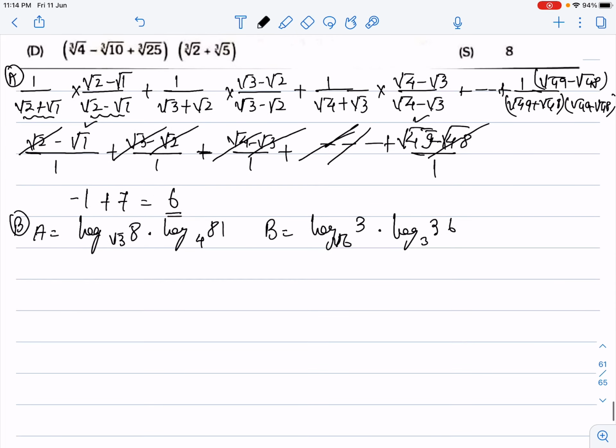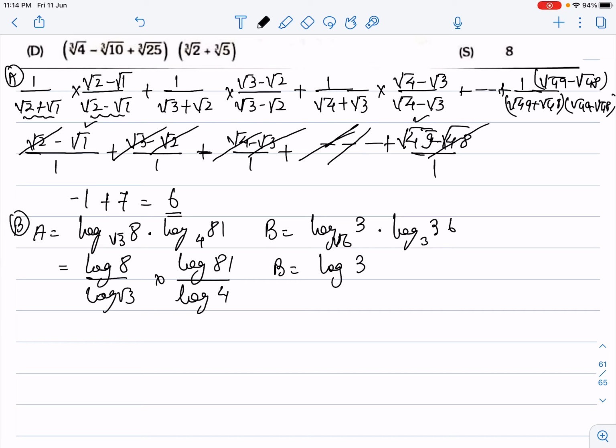So it can be further simplified by writing log 8 divided by log root 3 multiplied by log 81 divided by log 4, and the value of B can be written like log of 3 divided by log of root 6 multiplied by log of 36 divided by log of 3. Now let's simplify it further.